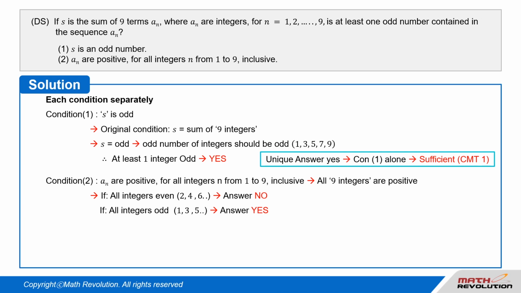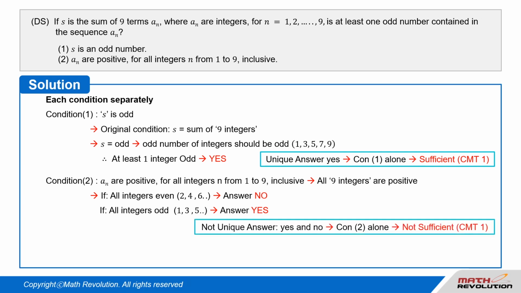Then we get yes. The answer is not unique, so the condition is not sufficient by CMT 1, which means that you get both yes and no as the answer. It is not sufficient. If the question has both C and A as its answer, then A is the answer rather than C by the definition of DS questions.